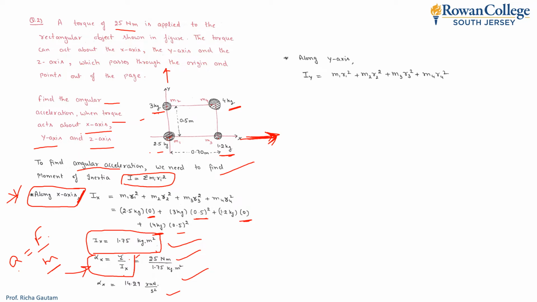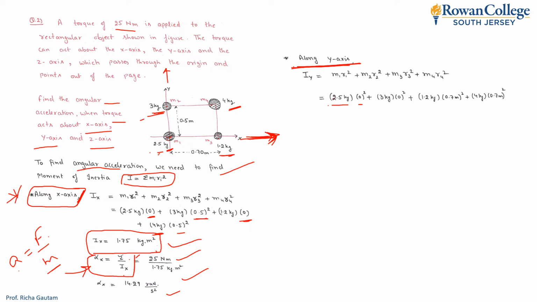Now we are going to do the same for the moment of inertia along the y-axis. Same formula, summation of m_i r_i squared, and the only thing is you are going to check the distances of the masses from the y-axis. Your first mass, 2.5, since this is on the origin, its distance from the y-axis is 0.